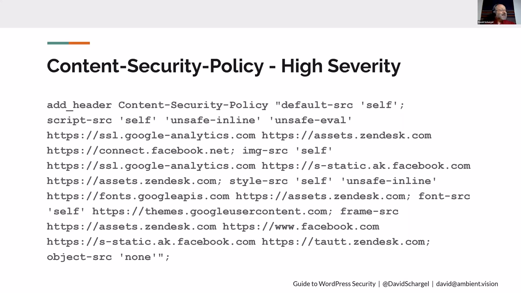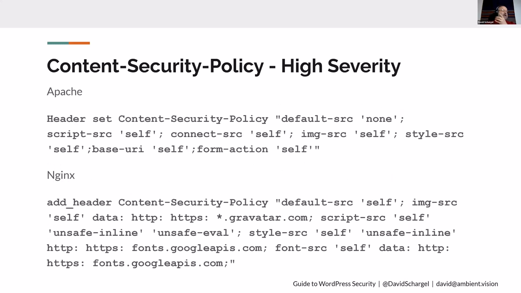Interestingly enough, going back one slide, this policy was actually set in WordPress's default theme, Twenty Nineteen. The theme itself very explicitly set the content security policy to allow only its inline scripts and CSS.